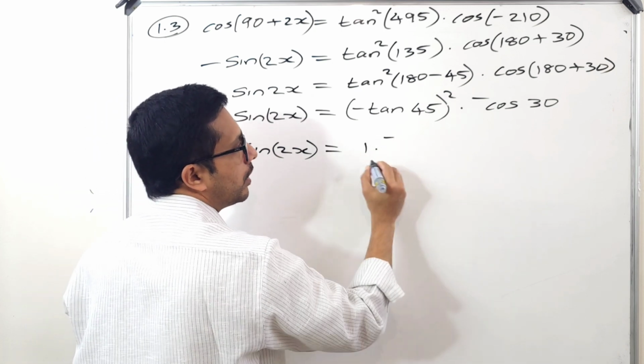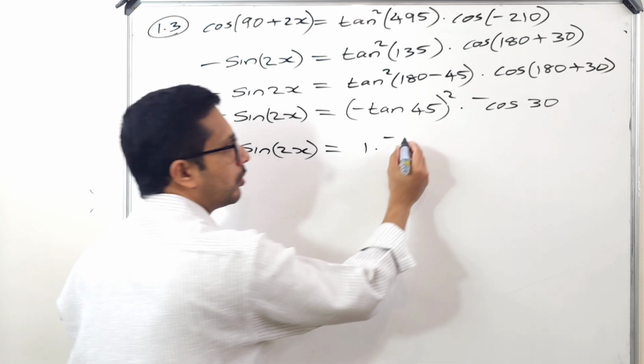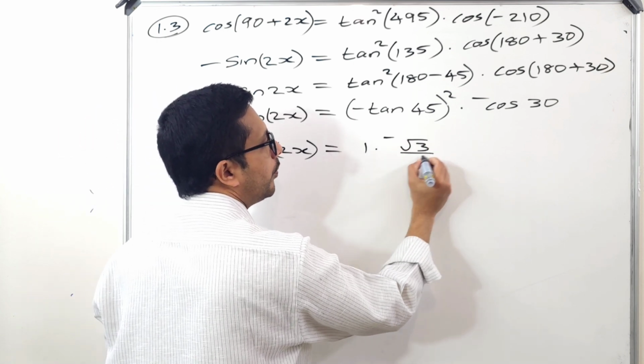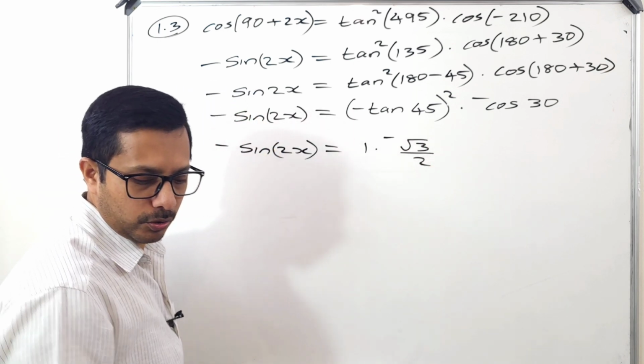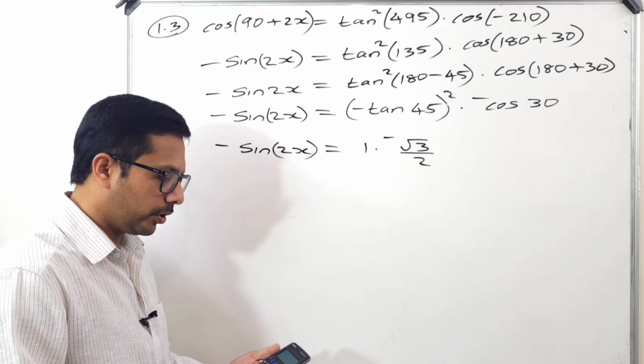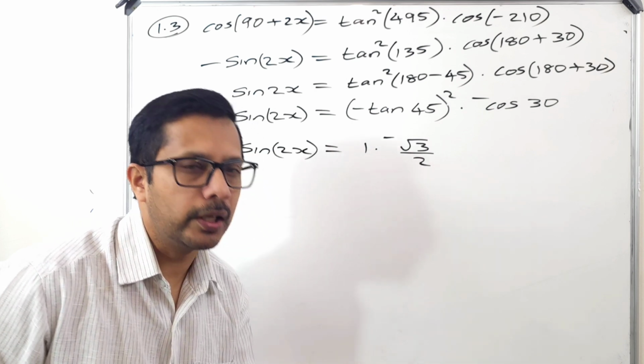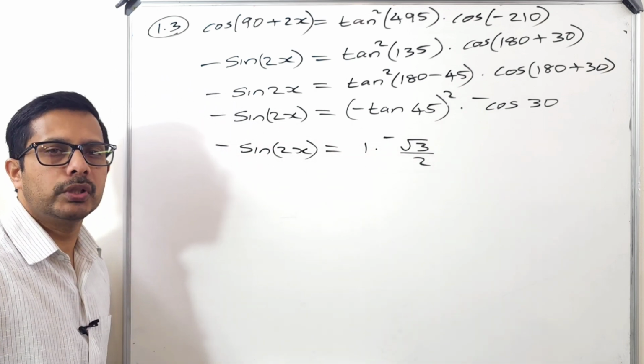Then minus cos 30. What is the answer of cos 30? Square root of 3 divided by 2. Or you have to check in your calculator. So don't make mistakes. In case you have any doubt, you have to check in your calculator.